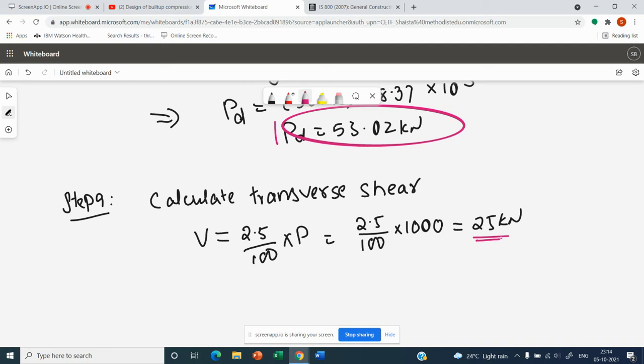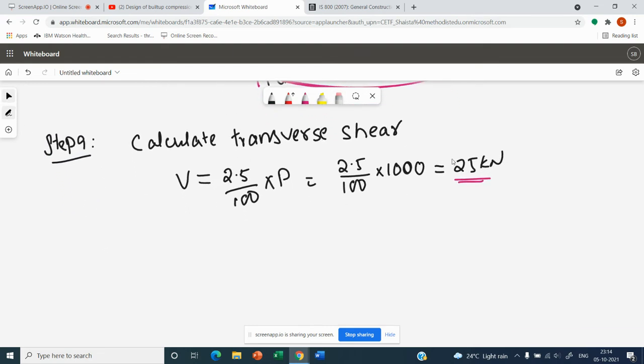Once you find out the transverse shear, it will be in two panels. Once again, I have to draw the figure like this, a single line diagram. So this is one lacing, this is another lacing. So the shear you are getting is in two lacings. We want the transverse shear in each lace.